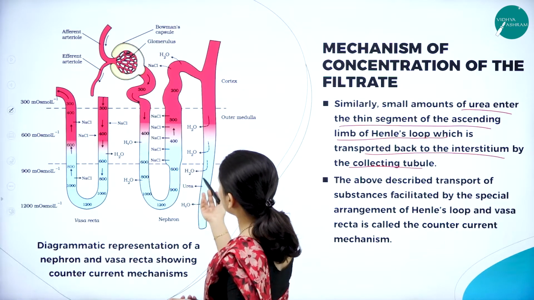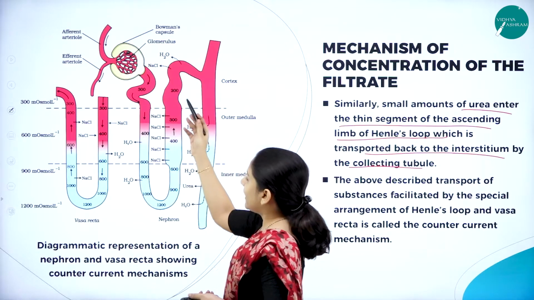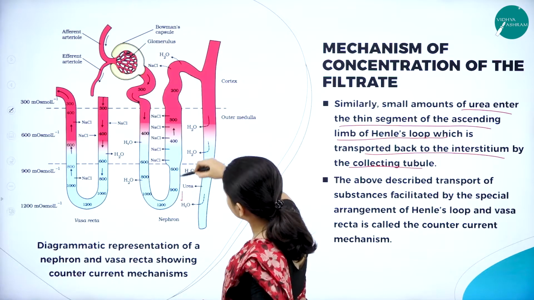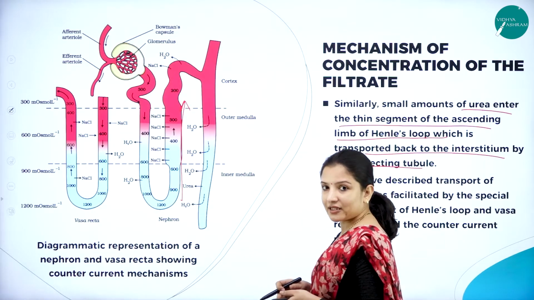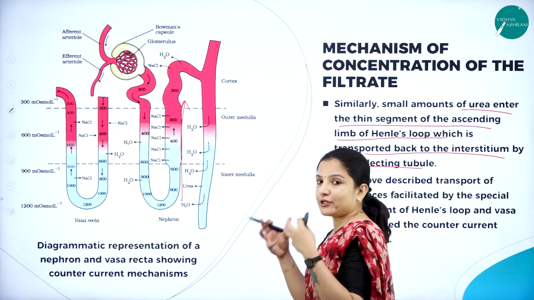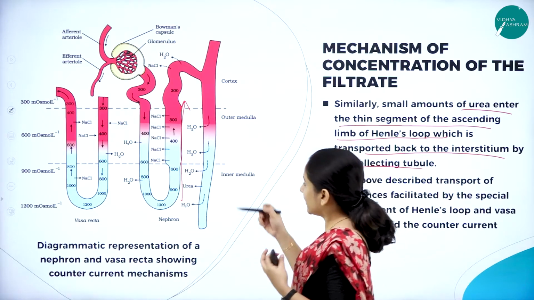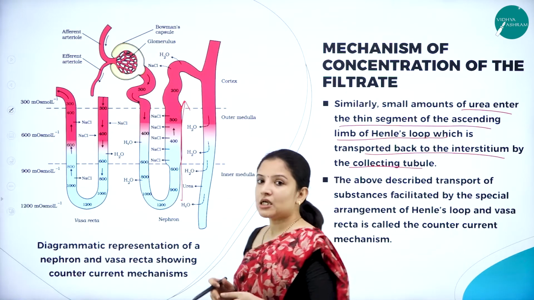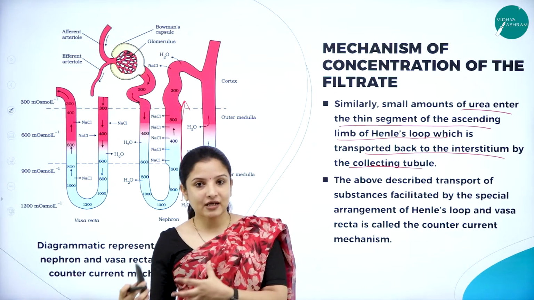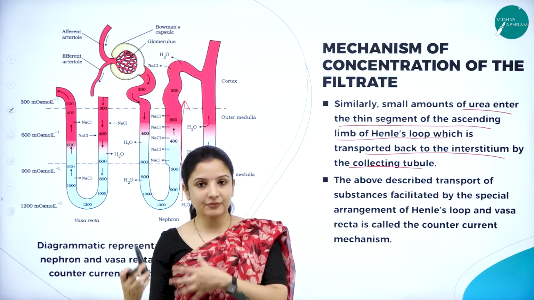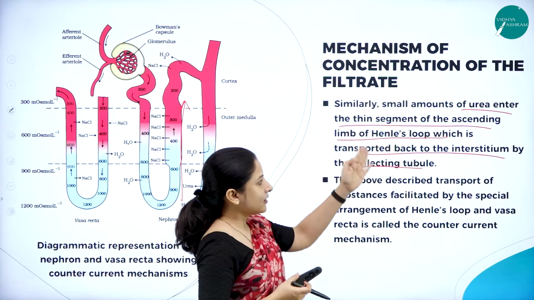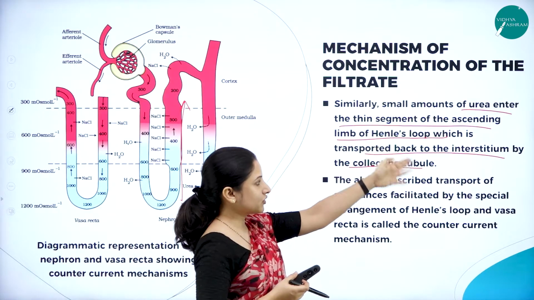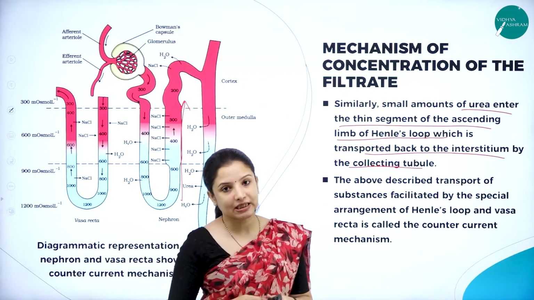Small amounts of urea will start entering into the ascending limb of the Henle's loop from the collecting duct. So sodium chloride comes out into the medulla, and from the collecting duct the urea enters into the ascending loop, where it is transported back to the interstitium by the collecting duct.